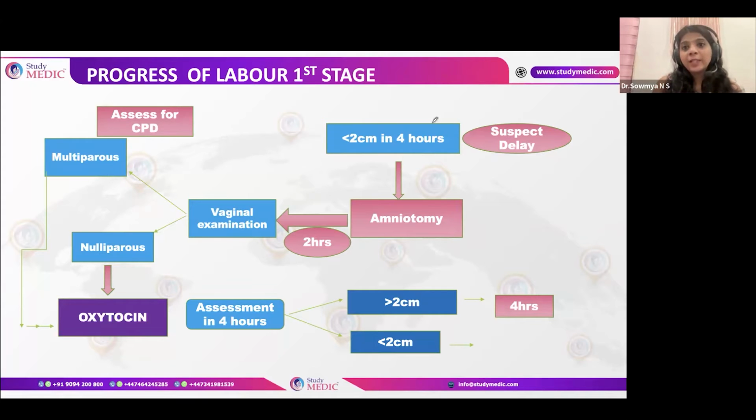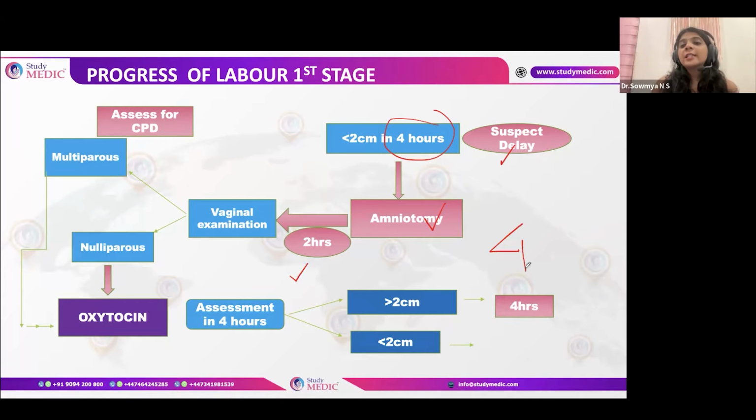Obviously, if there is a suspected delay, the frequency of vaginal examination is 4 hours in the first stage of labor. So if it is less than 2 centimeters in 4 hours, when you suspect a delay, if the membranes are intact, you do an ARM or an amniotomy, which releases the natural prostaglandins. And once the amniotomy is done, you repeat the examination after 2 hours to see how well she is progressing.